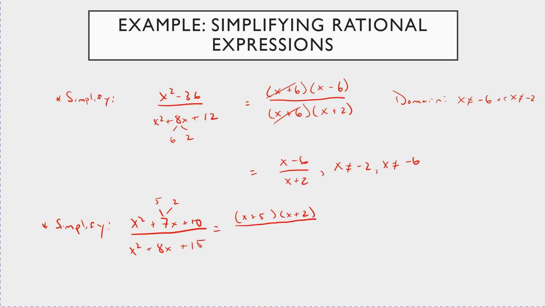What two numbers multiply to 15 and sum to 8? Well, that's 5 and 3. So just looking down here at the domain, I'm going to put D: x cannot be equal to negative 5, and x cannot be equal to negative 3, because if you were to plug either of those values in here, you get a divide by 0. But then you can cancel out these common factors, and you're left with x plus 2 over x plus 3.